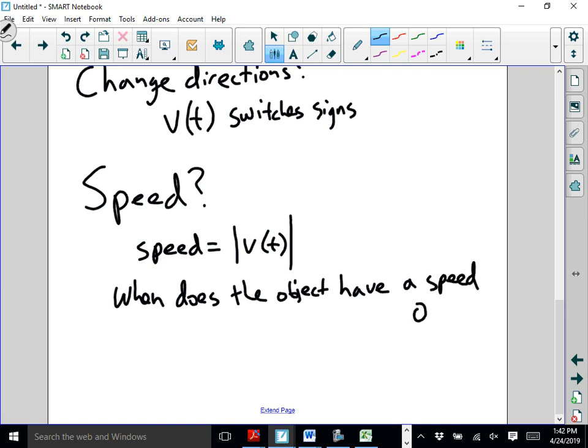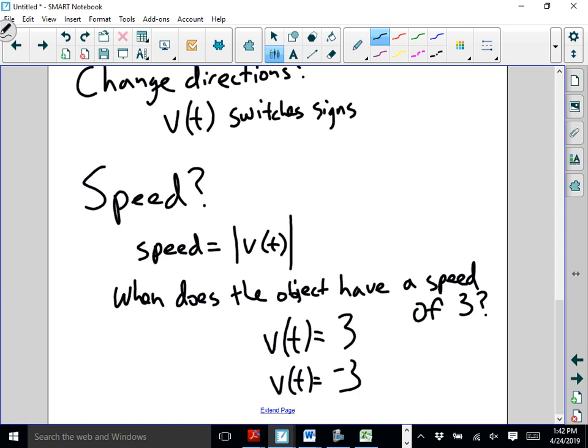Well, what we need to remember then, this is usually on the calculator part, is that v of t, our velocity, could be 3 and have a speed of 3, or our velocity could be -3 and also have a speed of 3. So we go to our graphing calculators and we need to graph +3 and -3 horizontal lines and find the intersections on the graph to report all those time values.